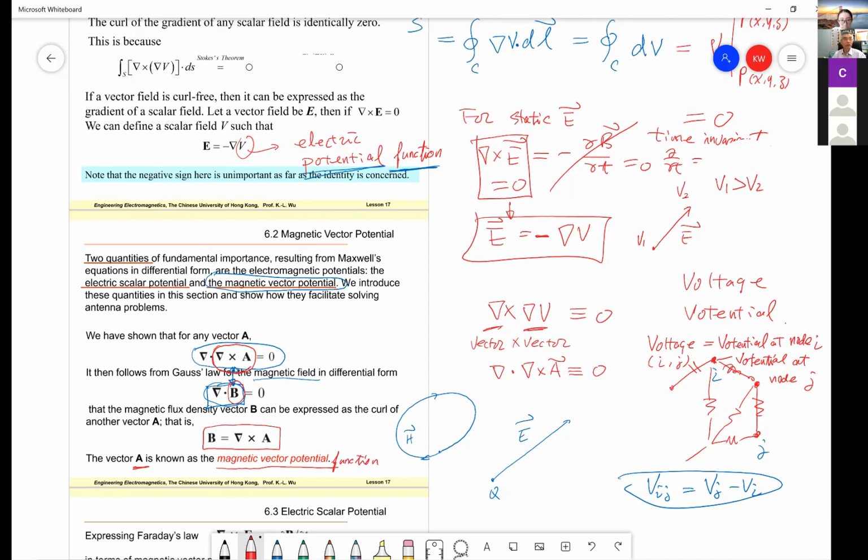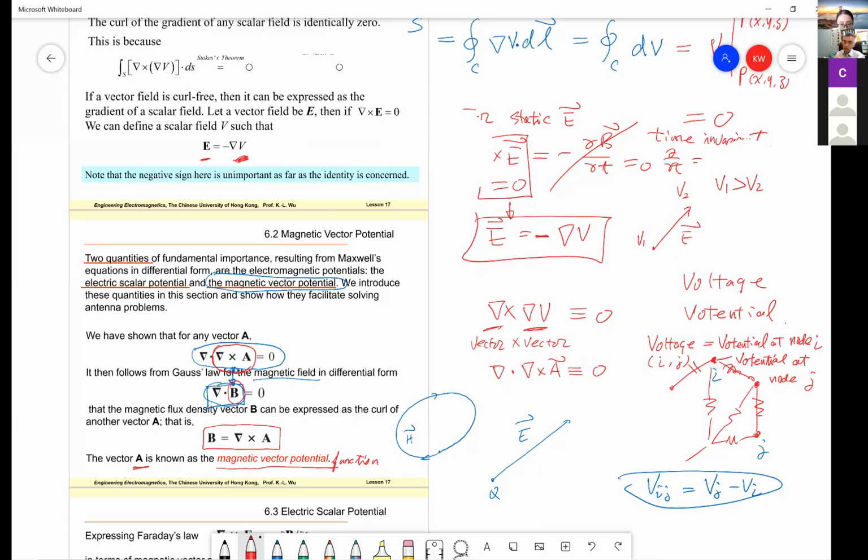Now for the electric potential function, we have some advantage we can take. The electrical field is a vector, but the potential function is a scalar. The scalar function is always easier than a vector function, right?